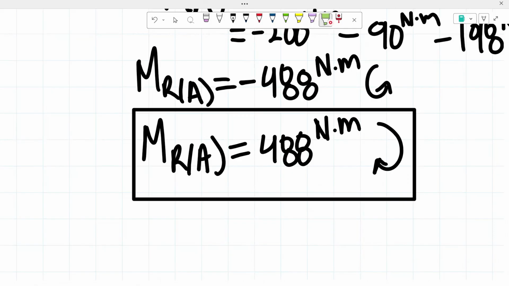And just like that, we were also able to replace the loading system by an equivalent resultant moment acting about point A. So remember, our magnitude was 488 Newton meters. Our direction is clockwise.